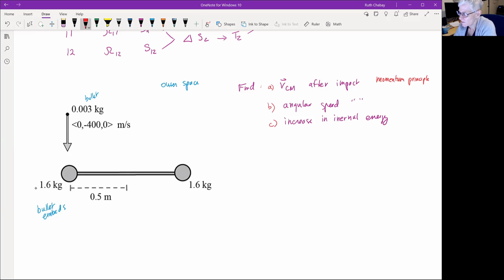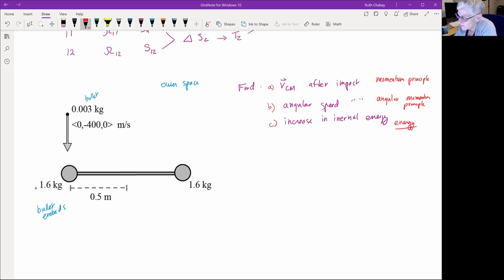What fundamental principle do we want to use to find the angular speed of the object after the impact? Yeah, angular momentum principle. And this leaves energy calculations to get the final.